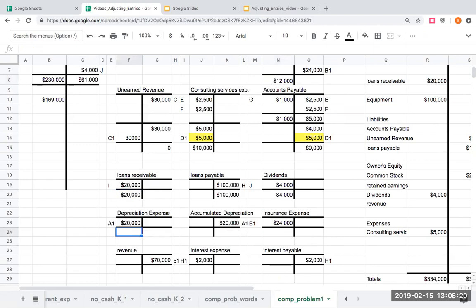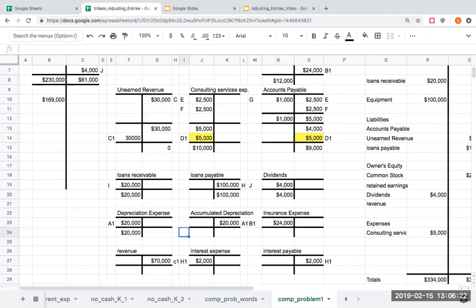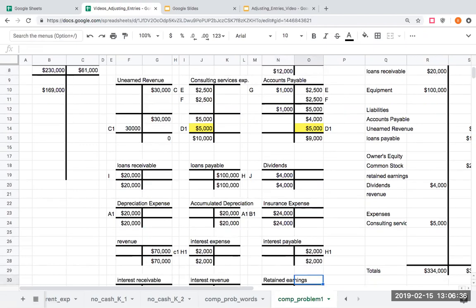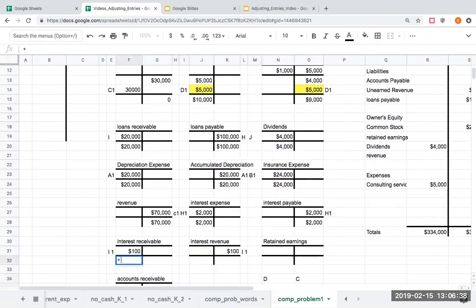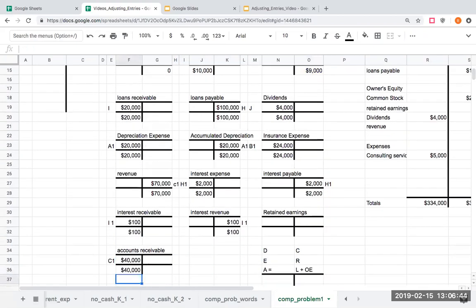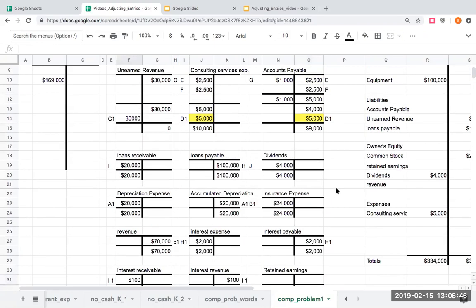Accumulated depreciation on the equipment is now 20. Insurance expense is 24. Revenue is 70. The interest expense here is 2, and then my interest payable is 2. My interest receivable is 100.